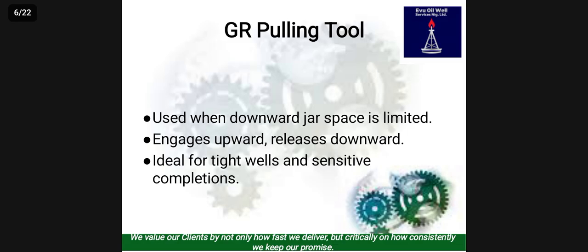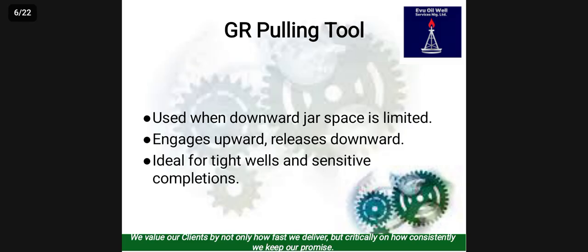The GRO pulling tool. The GRO pulling tool works in the opposite direction of the GS pulling tool. It's used when you don't have enough space to jar down. How does it work? It engages the fish by upward motion.